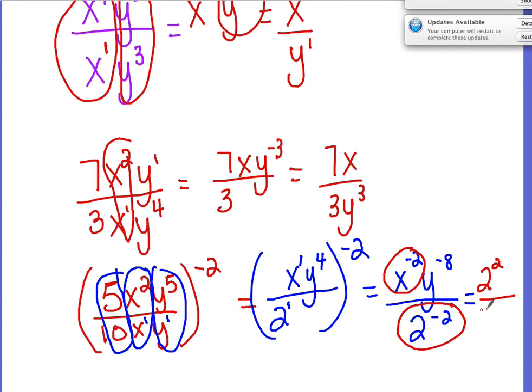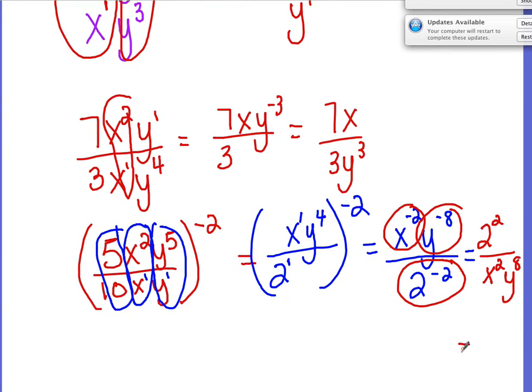Here, x to the negative 2, that's negative in our numerator, so when I switch it, it becomes positive. Here, when I switch that, that also becomes positive. At the end, I then evaluate the coefficient that's being raised, and I get 4 over x squared y to the 8.